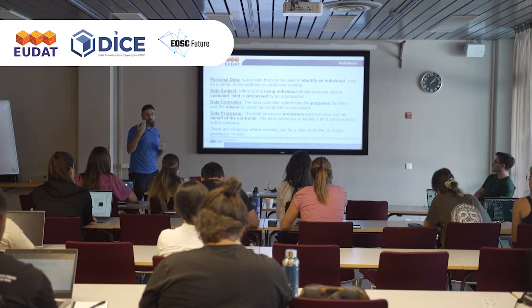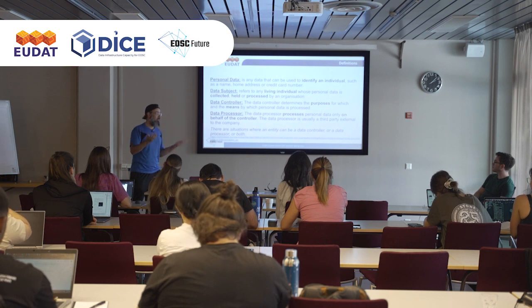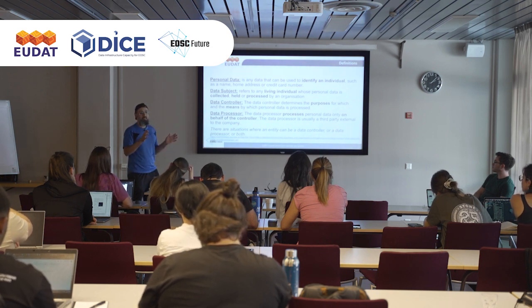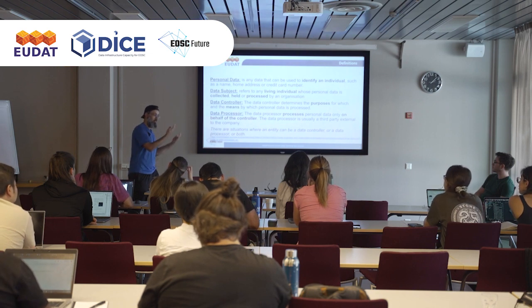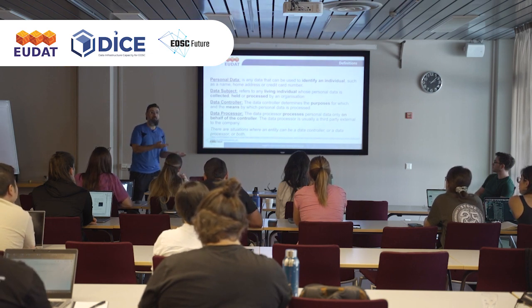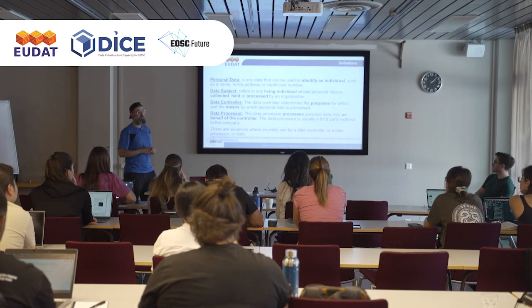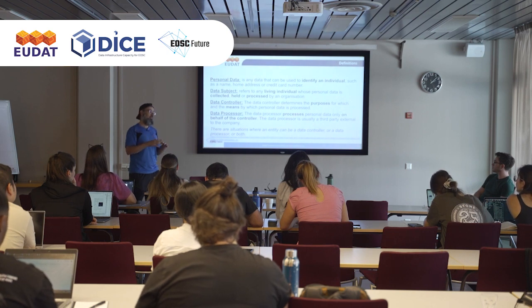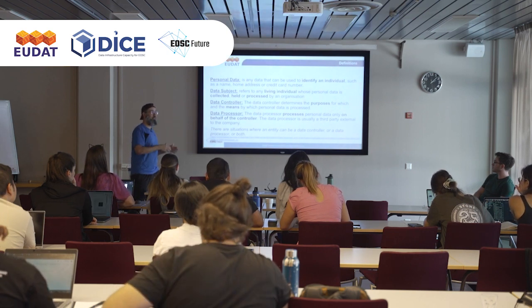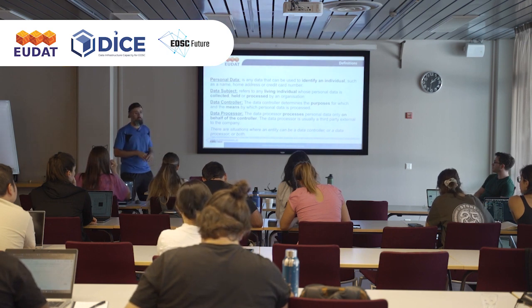You can do it by yourself if you have the facilities, the computers, the technology, then you don't need anything else. But if you are not able to do it by yourself and you need some assistance or some technology that you don't have, then you move to the last definition, data processor. And this is an organization, an IT organization, normally a third party who has the technology and facilities to process the data on behalf of the data controller.